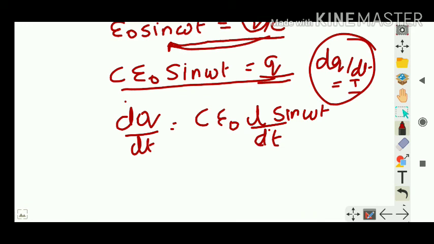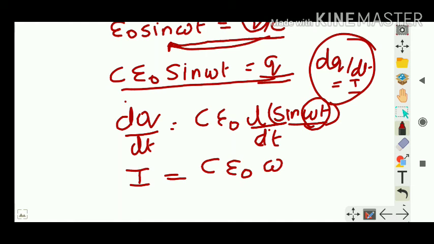Right, simple, because both other terms are constant. Now what is d by dt of sine omega t? What happens when I differentiate sine? I get cos. So dQ by dt, which is current, is C epsilon naught, and sine omega t becomes cos omega t, and there is a term omega also. So it is omega cos omega t.